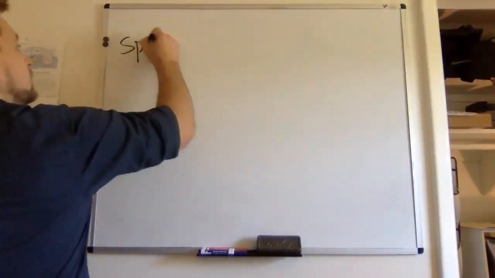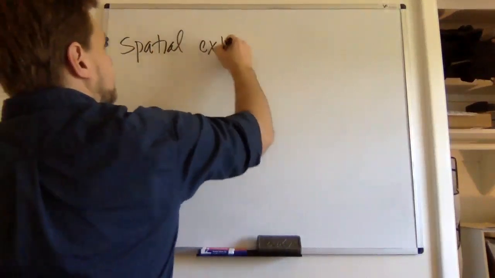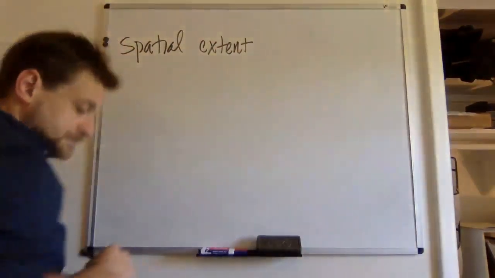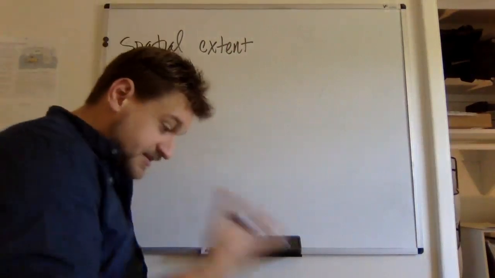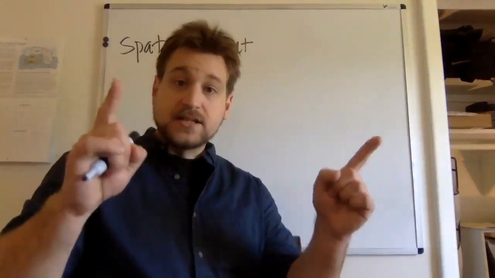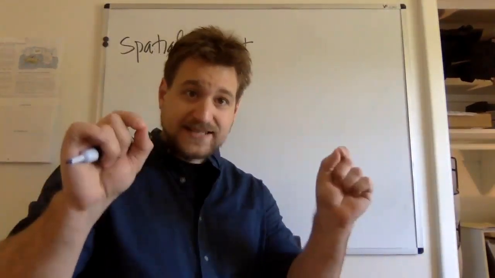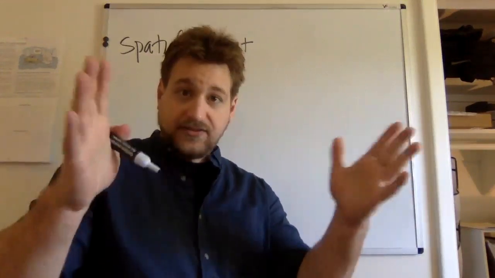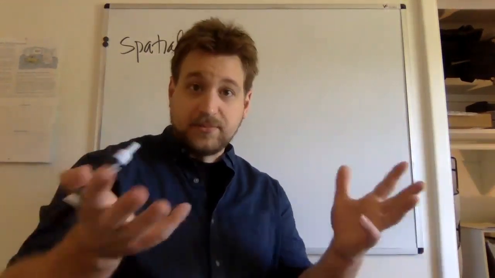But if we're going to measure a place, that means we are talking about how different is this place than this one? What is the amount of space between these 2 points? What is the spatial extent of the thing? How much space does this measurement take up? Whether it's the length of a table or the distance between 2 points, how much space is described by this thing that I'm being quantitative about, this measurement that I'm making?